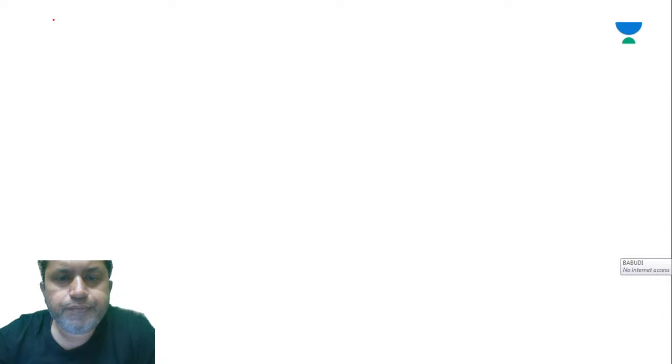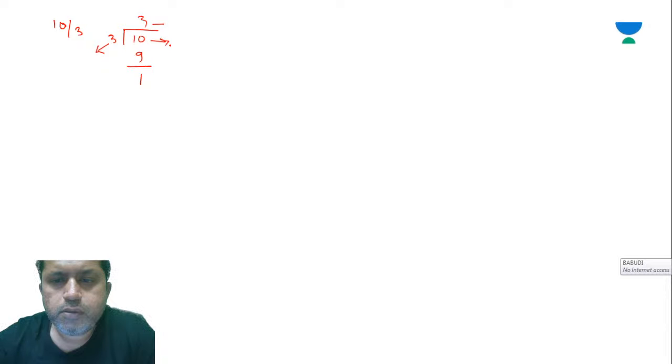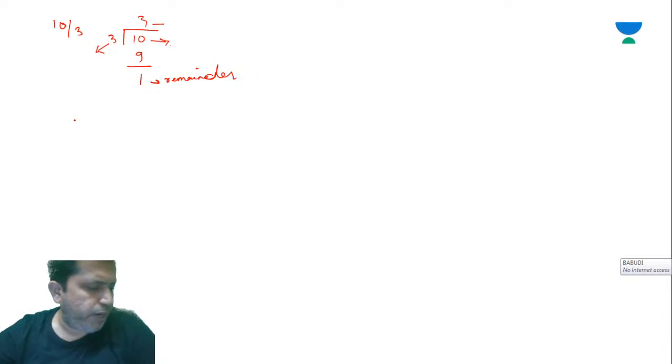Now if I say that I execute the operation 10 by 3, so 3 3s are 9, what is this? This is the remainder. So there is a predefined function in terms of remainder.